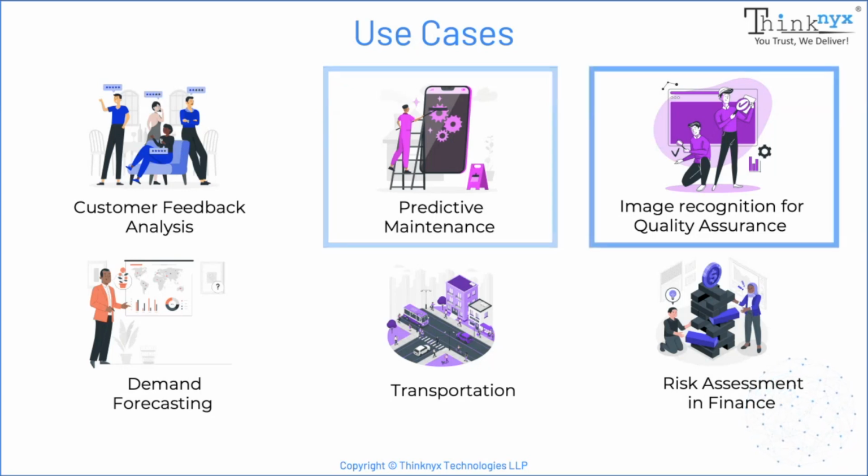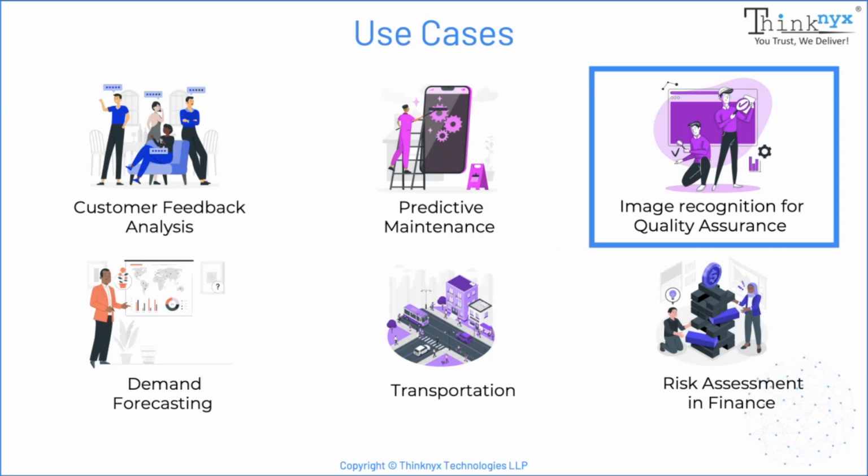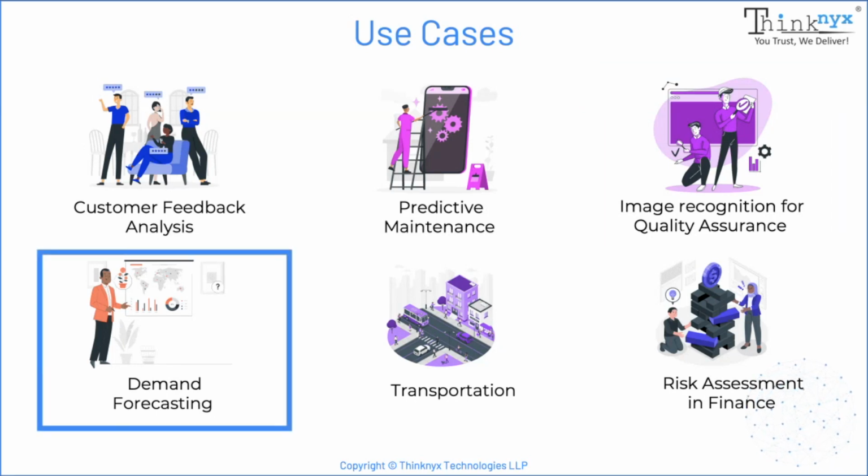Next one is image recognition. We have already seen this in the AI examples as well. Image recognition is also one of the examples of ML, and it even comes under DL, because driverless cars are an example of DL and they use image recognition at the end. Demand forecast.